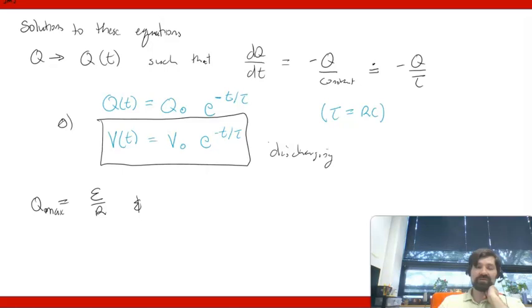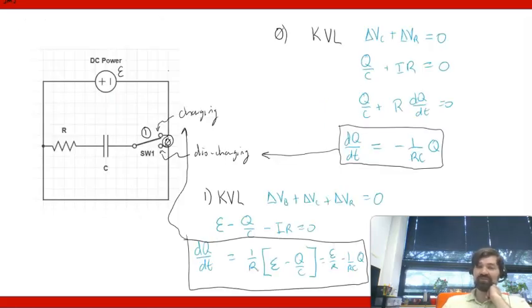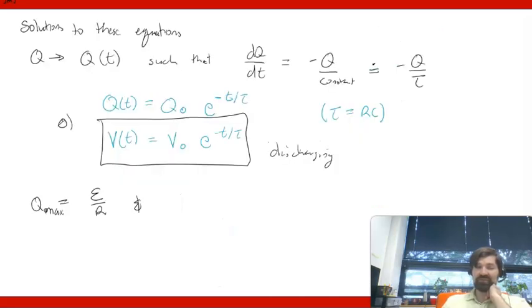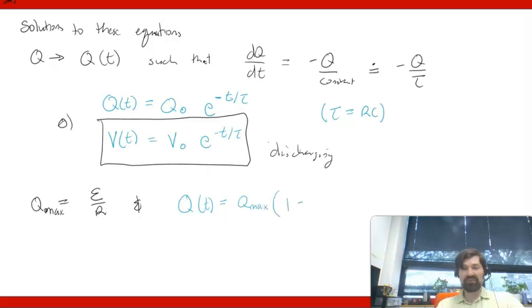And also solve the homogeneous version. So we've got the inhomogeneous or non-homogeneous, we got the homogeneous version of this equation. The homogeneous version is actually just this first equation that we solved. And so what this basically does for you is it lets you solve the differential equation in such a way that you end up with Q of t is equal to Q max times 1 minus e to the negative t over tau.